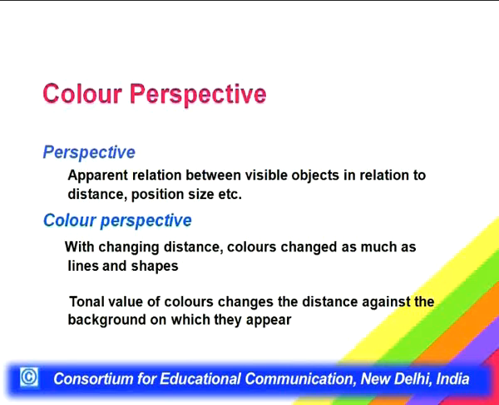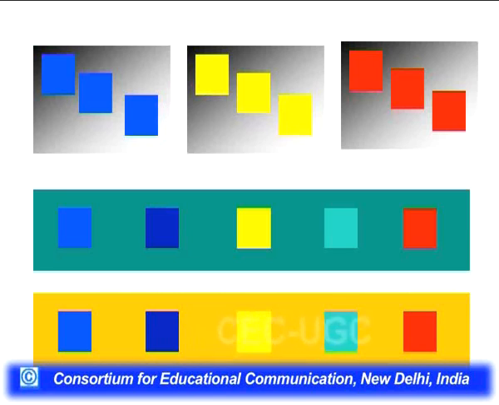To understand the distance of colors, we have some examples. A background has been created from black to white, black gradually changing to white, and in between the gray colors. If we place the blue color on the black, then it will vanish or sink within the black.